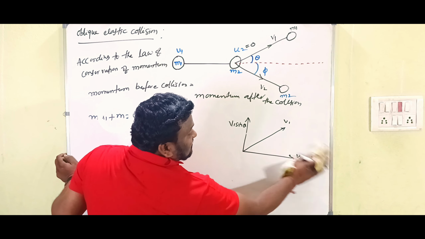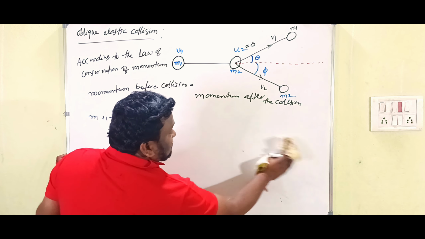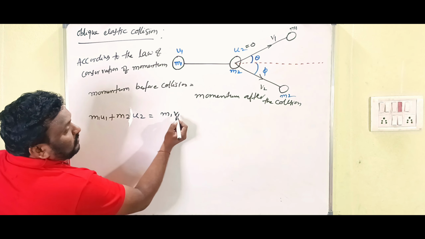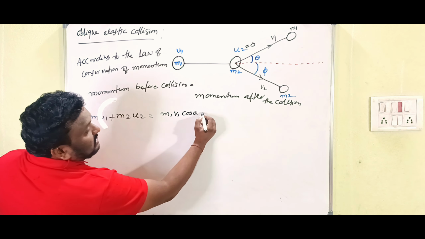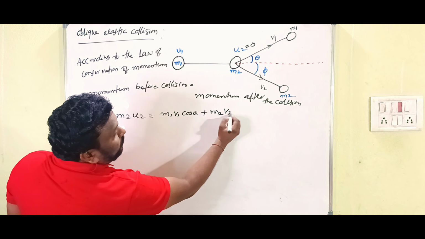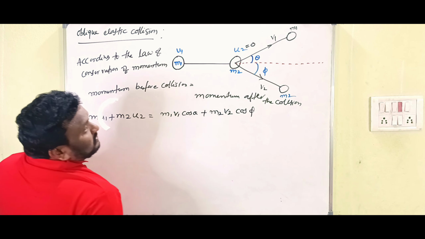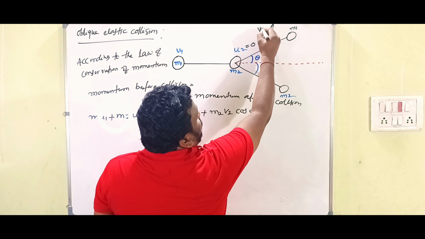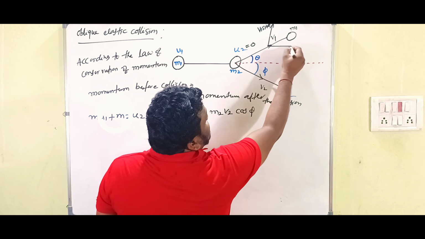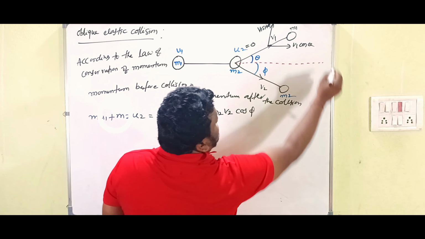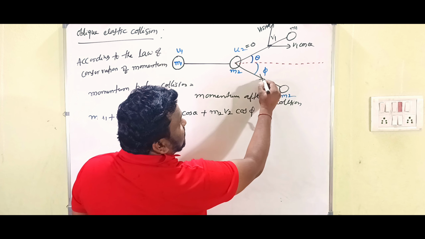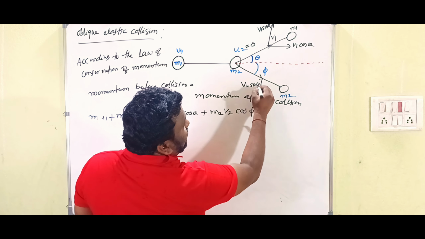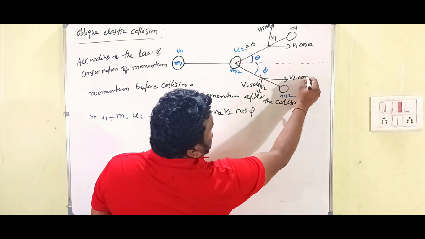First, along the x-axis, you can write m1 v1 cos theta plus m2 v2 cos pi. Just now I told you this velocity is divided into two components: v1 sin theta and v1 cos theta, and similarly v2 sin pi and v2 cos pi.